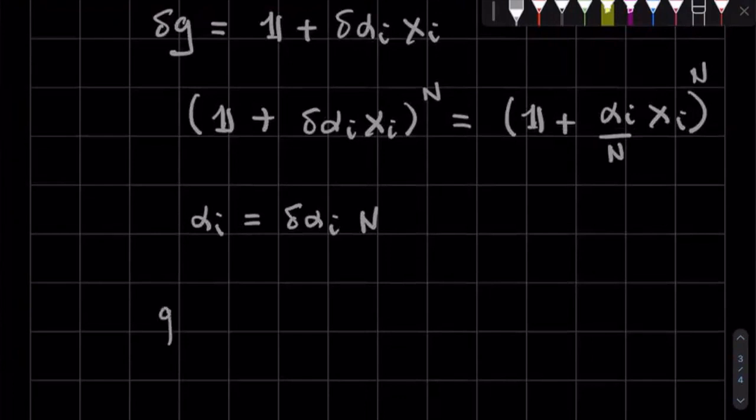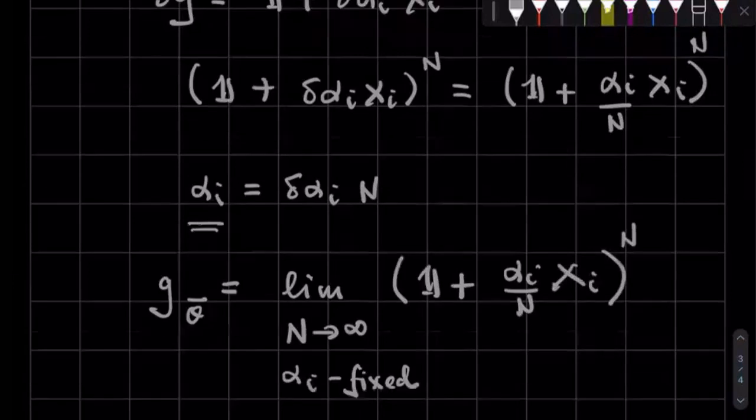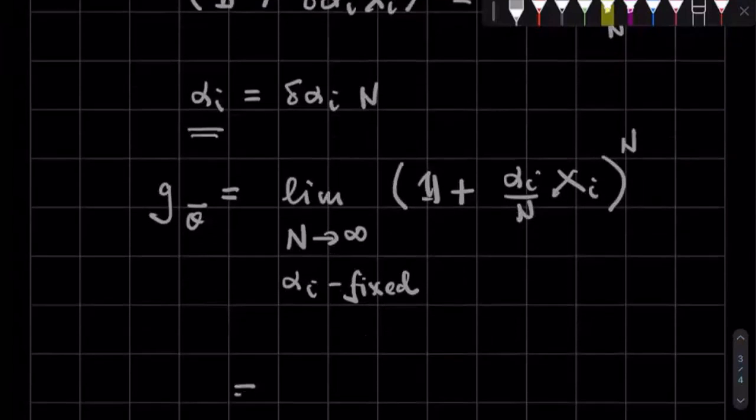Now, what happens in the limit where n goes to infinity, but I'm keeping alpha_i fixed? So we have 1 plus alpha_i over n times x_i, of course this is a dot product, to the power n, and n is going to infinity. And this we know is e to the power alpha_i x_i.